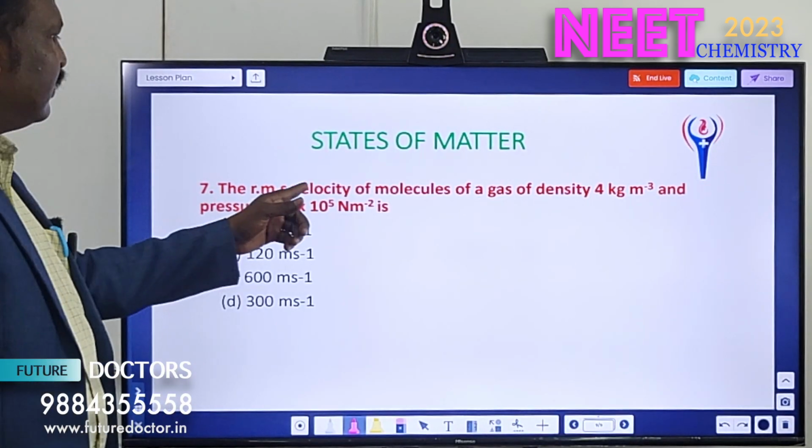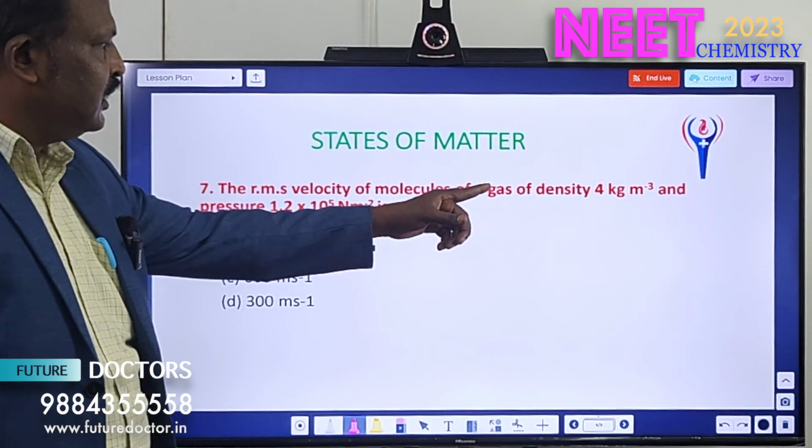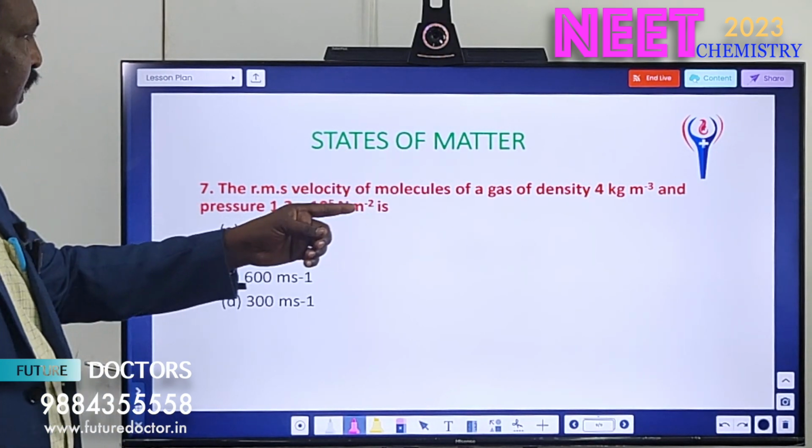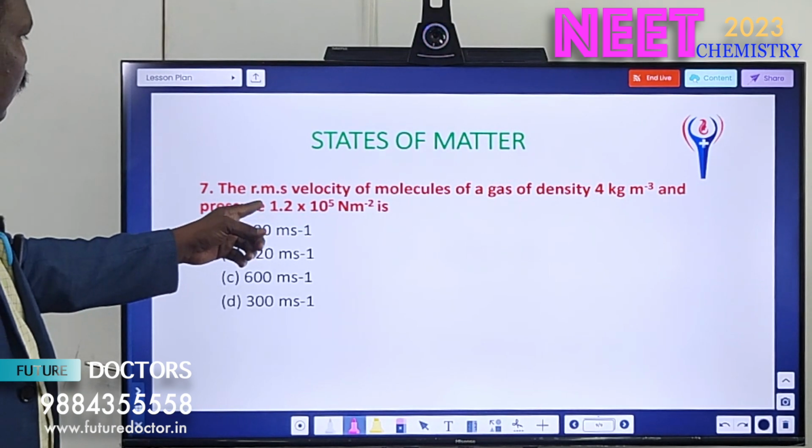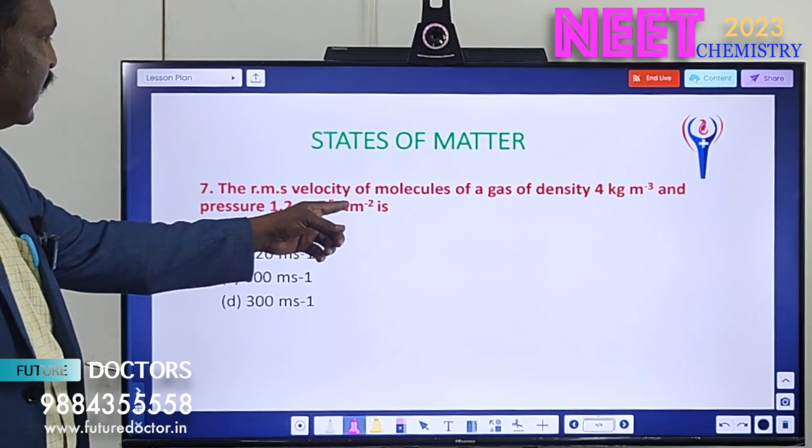Again, the root mean square velocity of molecules of a gas of density 4 kilogram per meter cube and pressure 1.2 into 10 power 5 Newton per meter square is?